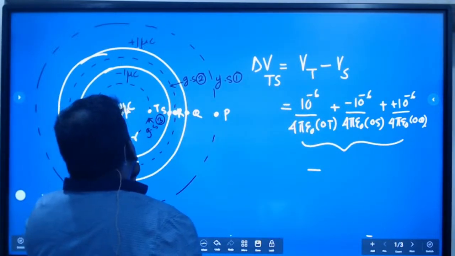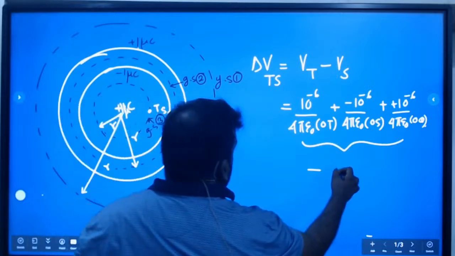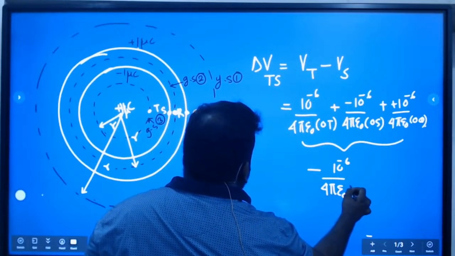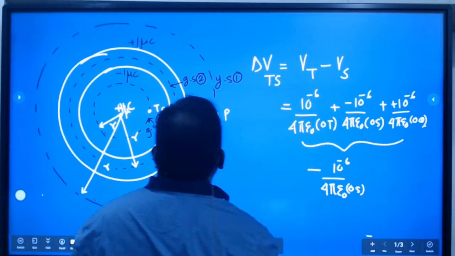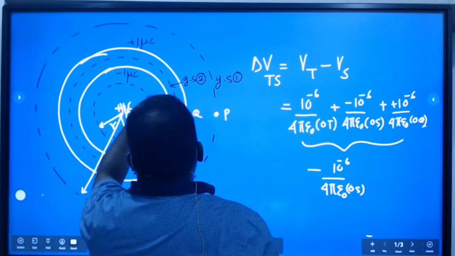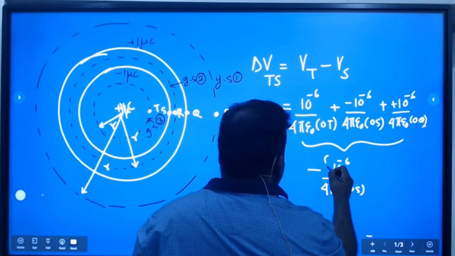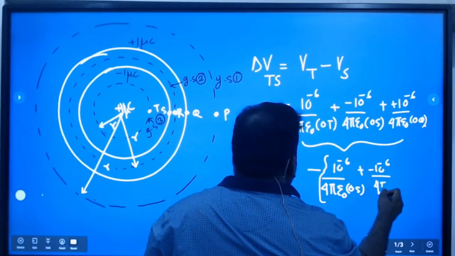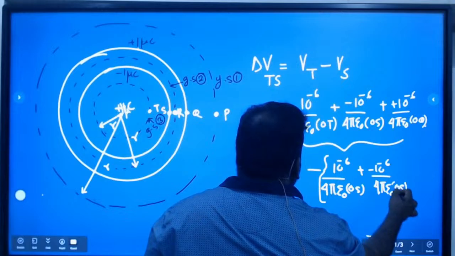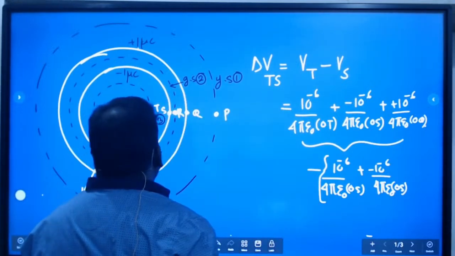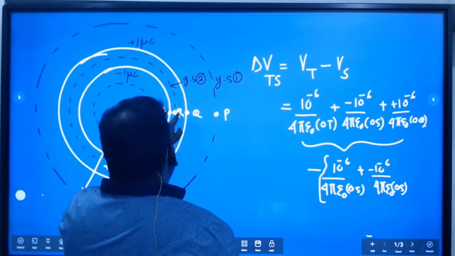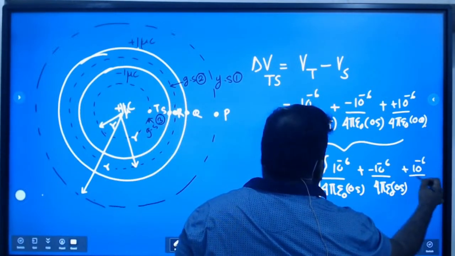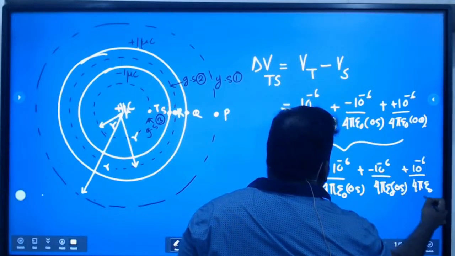What's the potential at S? Because of this charge, the potential there is 10^-6 over 4 pi epsilon naught OS. Because of the minus 1 microcoulomb there, it is minus 10^-6 over 4 pi epsilon naught OS. S is inside the bigger sphere, same as the potential at the surface, 10^-6 over 4 pi epsilon naught OQ.